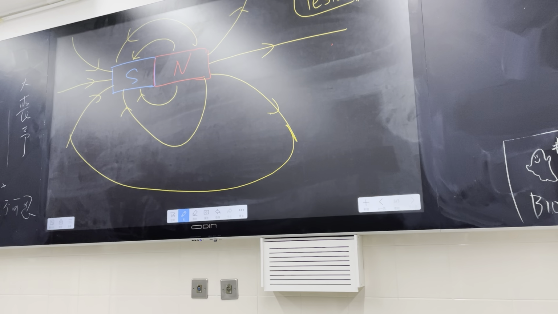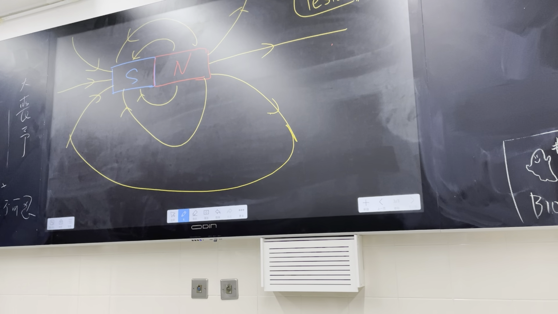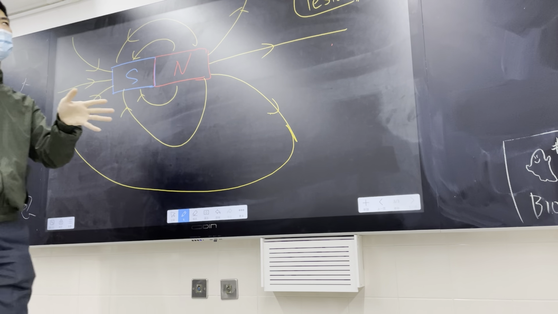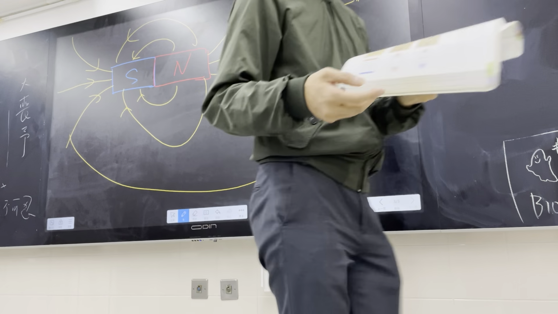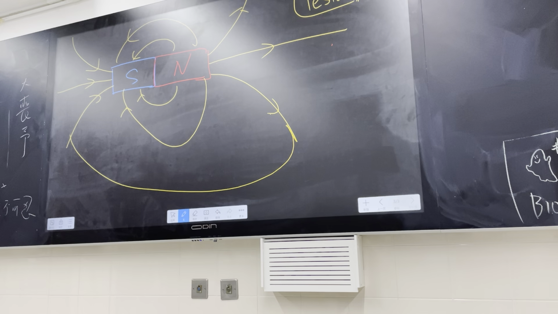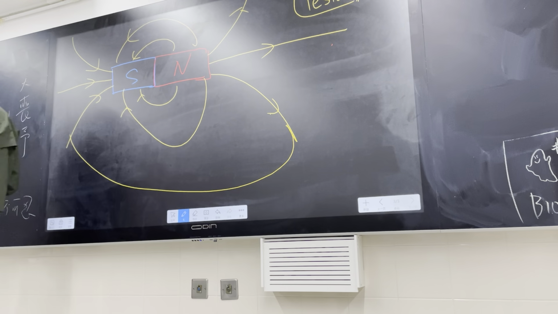The South Pole is like the negative charge. Okay. So you just apply the method you used to draw the electric fields, and you will get the patterns. So similar to two parallel plates, if you have two parallel magnets, then the magnetic field lines will be parallel in between.